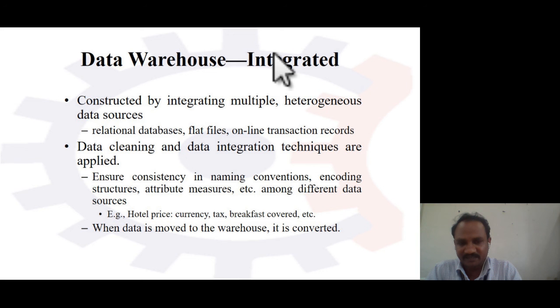Whatever data we collect from different sources having different file formats, we collect it on a common platform, and when it is entered into the database, it is totally transformed into the common format. It means data is integrated from various sources and provided on a common platform for decision making, for doing the analysis of that data. This is what integrated means.